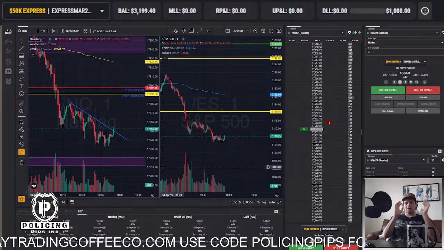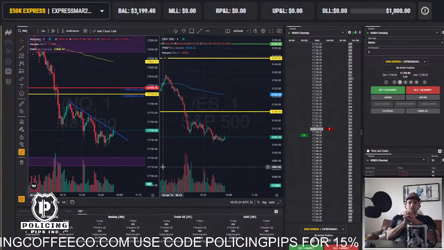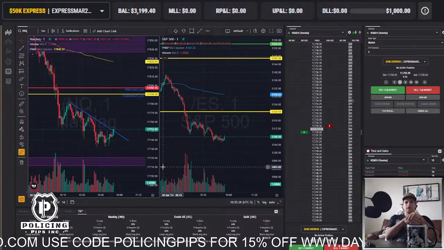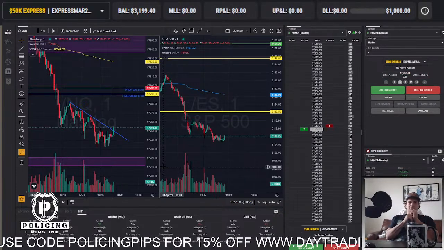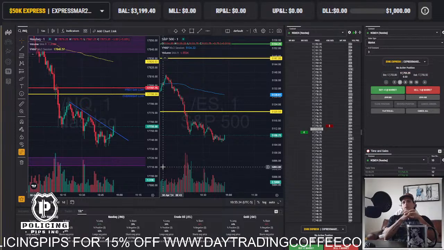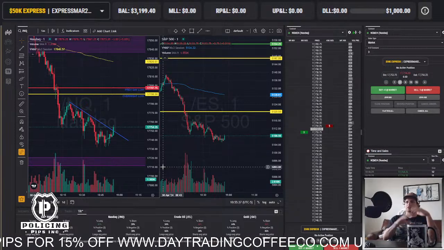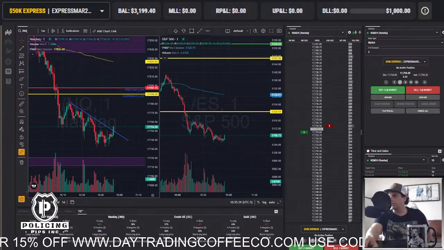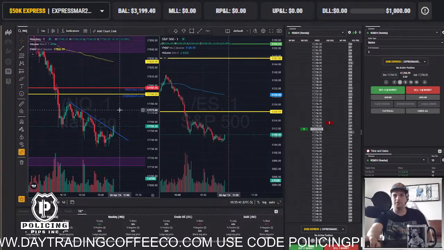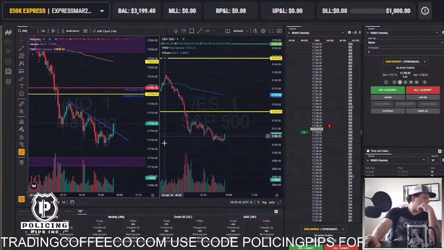I'm okay with it hanging around there. My original entry there was at 70, right? Where I was looking to get above 70. So I'm cool with it dancing around here. I would like it to close above this level right now in order to tell me that it's possibly looking to rotate back the other way. And then a rotation back above 75 could give me that long idea.